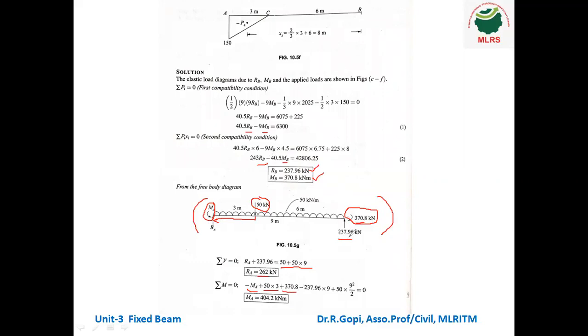So 237.96 into 9. So this force into this perpendicular distance. It is anti-clockwise direction. So put minus 237.96 into 9. What is the balance one? This UDL load. Since the UDL load is acting throughout, so 50 into 9 square by 2. So from this we calculated MA is equal to 404.2 kilonewton meter.